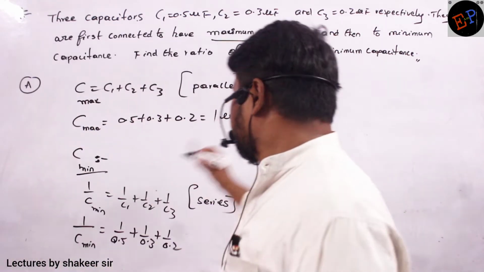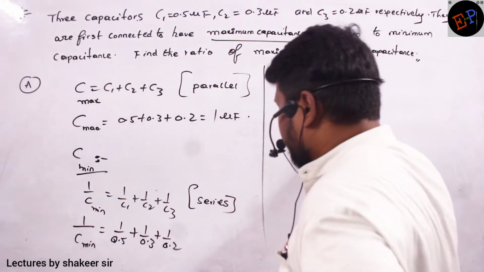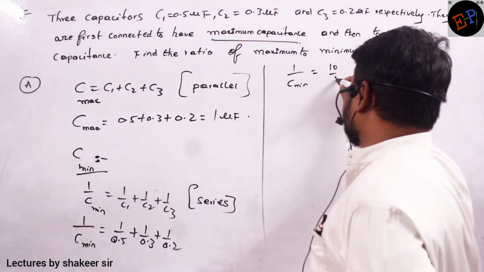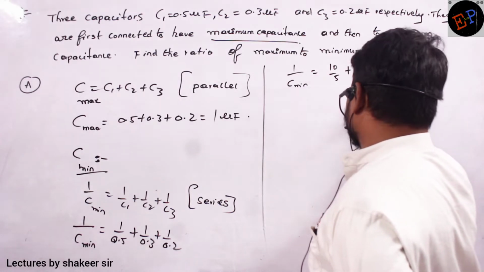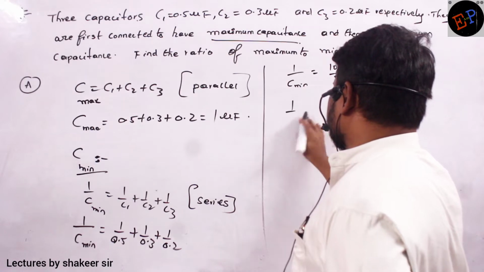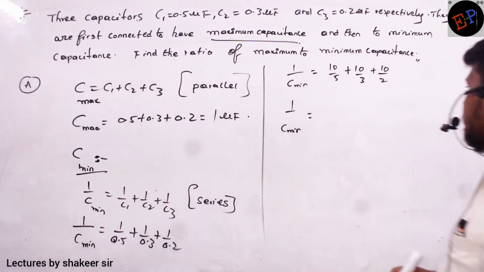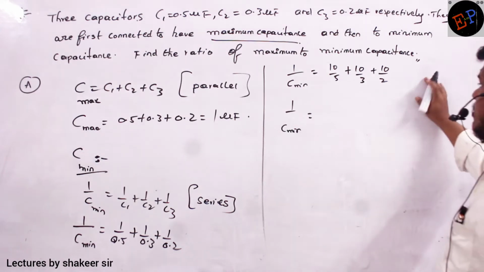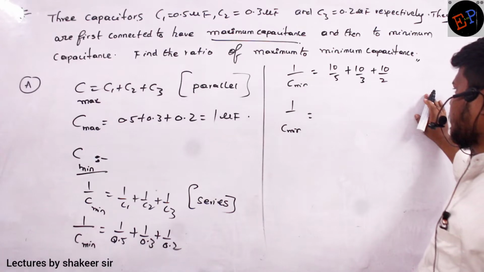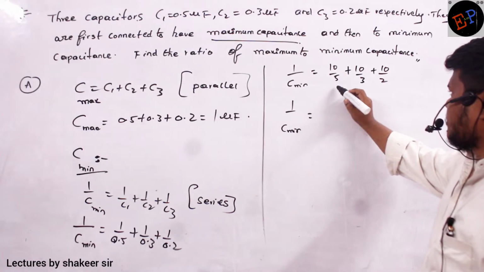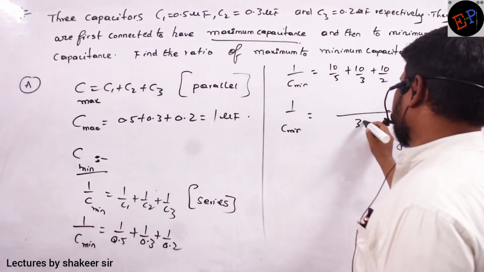If I do this calculation, I can write 1 by C minimum as 10 by 5 plus 10 by 3 plus 10 by 2. What is the LCM of 5, 3 and 2? It is 30.